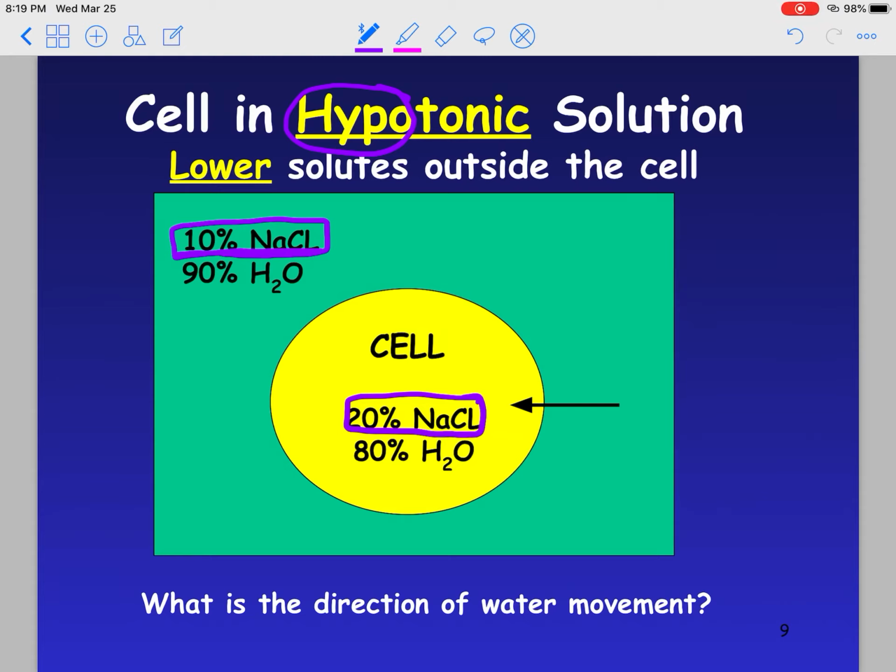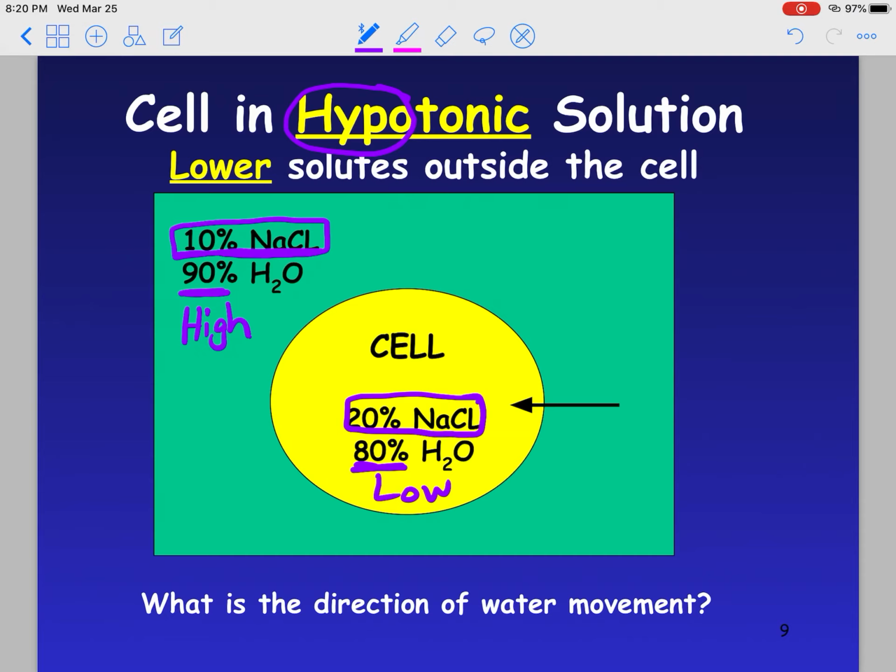Here we have 90% water outside the cell, 80% water inside the cell. So you've got to ask yourself, where is the water high? 90 is higher than 80, so the water is high on the outside and lower on the inside.